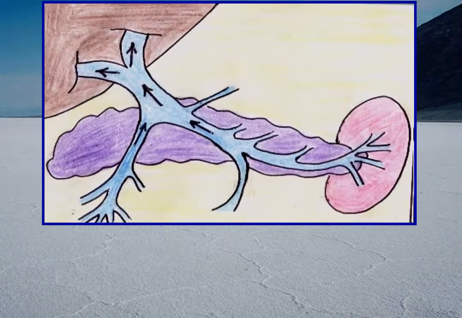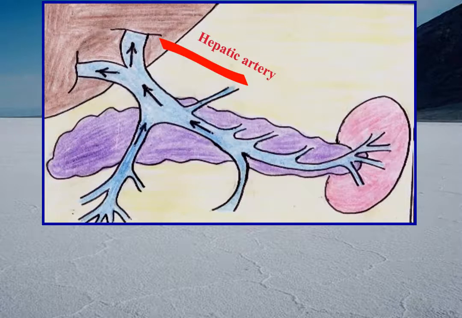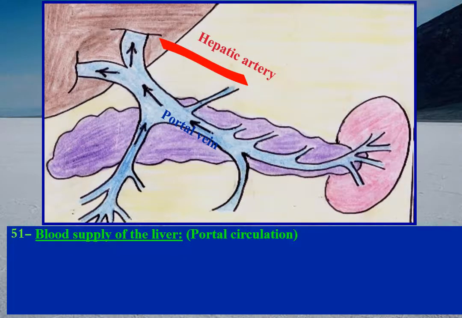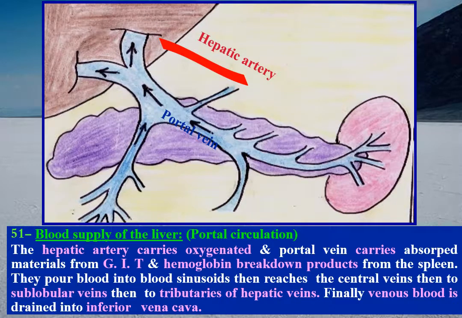Blood supply of the liver comes from hepatic artery, which carries oxygenated blood, and portal vein, which carries absorbed materials from the gastrointestinal tract, and hemoglobin breakdown products from the spleen.